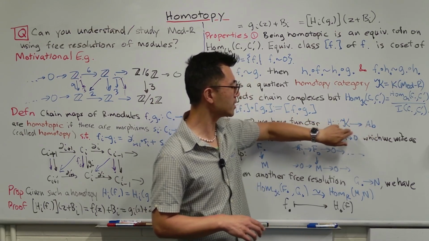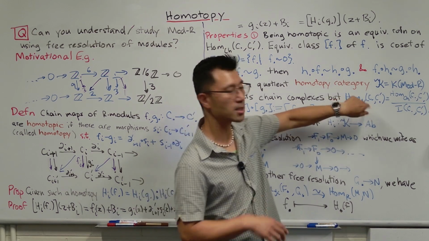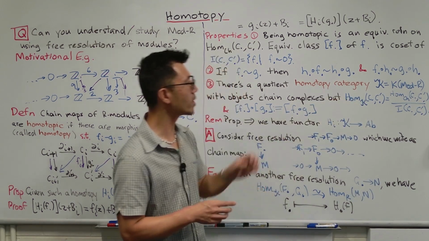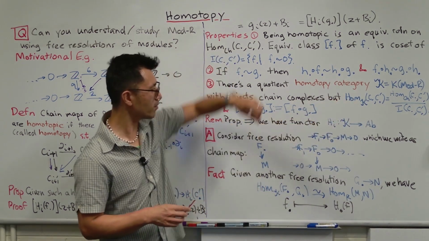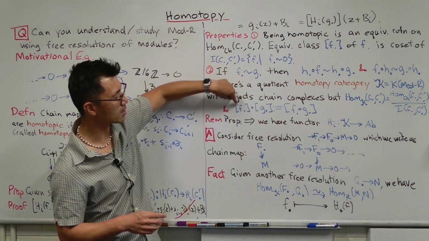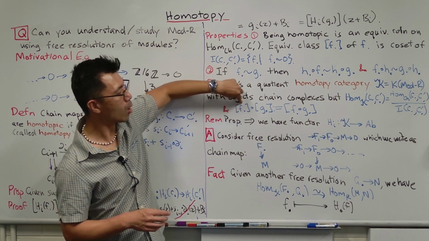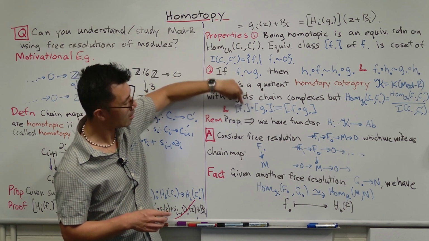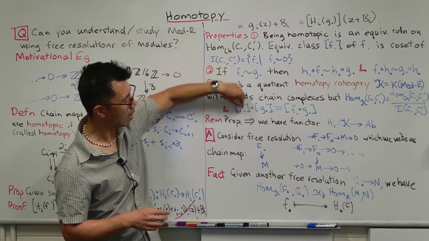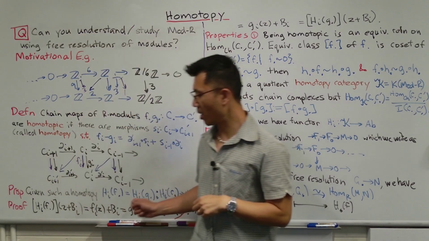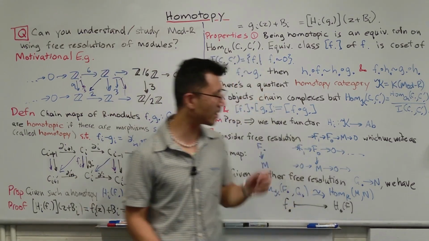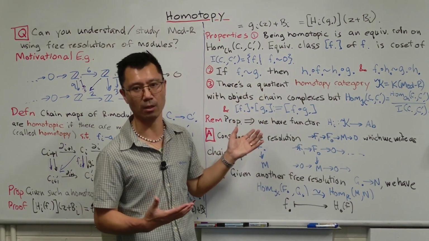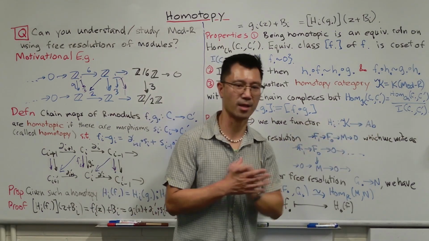Well, we know what this H_i does on chain complexes, on objects. You also need to know what it does on morphisms. And what are the morphisms? They're equivalence classes like this. Now we know what H_i of an F dot is, but what about the equivalence class? Even if you change this to anything homotopic to it, you get the same H_i. So you just pick H_i of anything in that equivalence class. They all have the same value, and that's going to be your functor there.